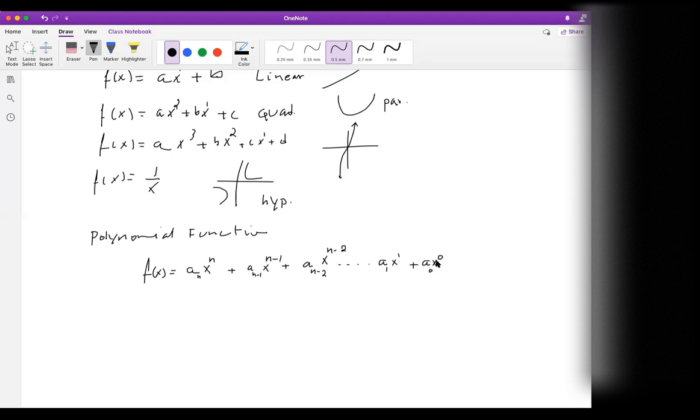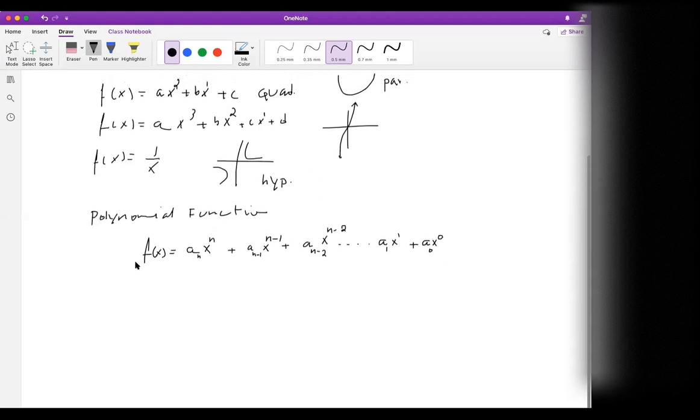That's why we don't write x to the 0, because x to the power 0 is 1. So this goes down all the way from n, decreasing by 1, all the way to 0, which we don't usually have to write. So a0 is just the constant.